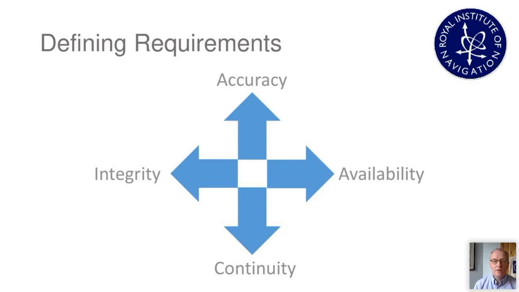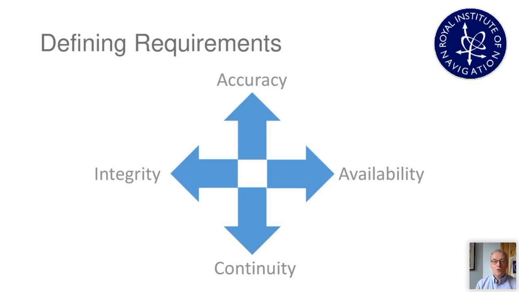So how do you define requirements? Well, it's a huge topic, and I'm going to just touch the surface, and Marek's going to go a little bit below the surface and go into a little bit more detail. But what you see on the screen here is what PNT people call the required navigation performance, RNP.